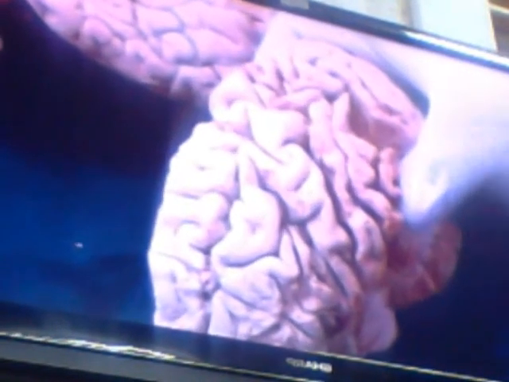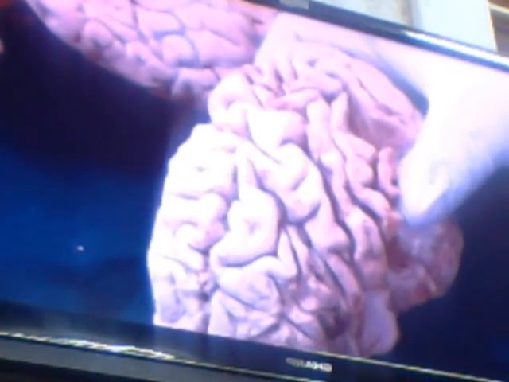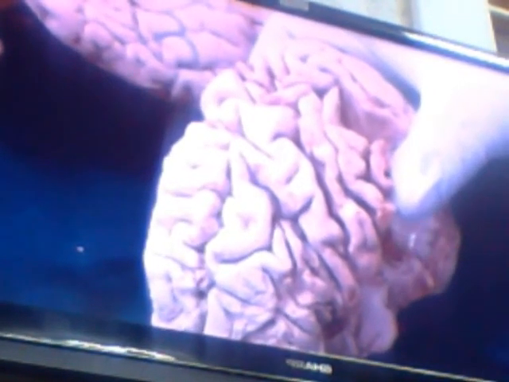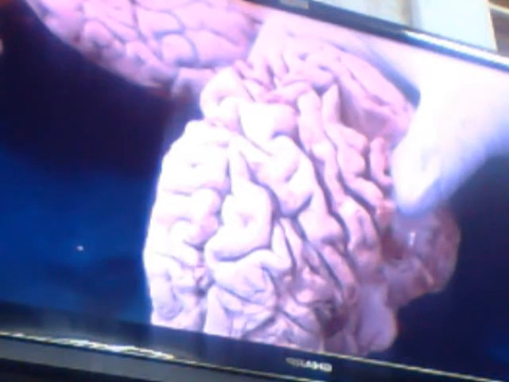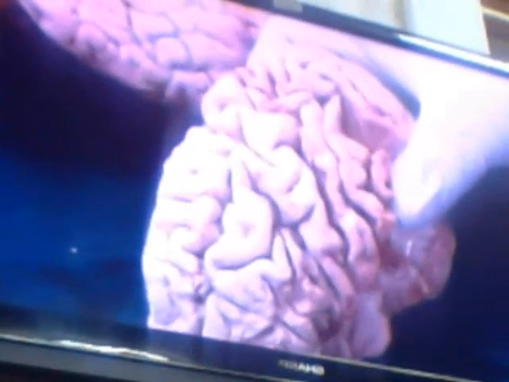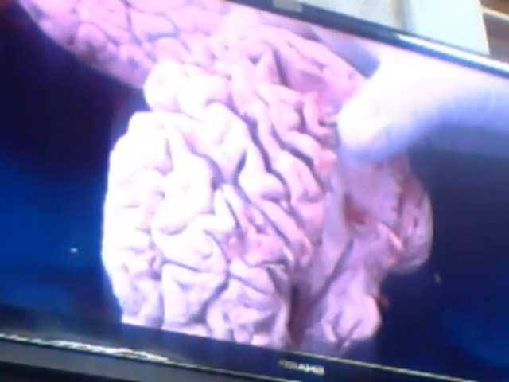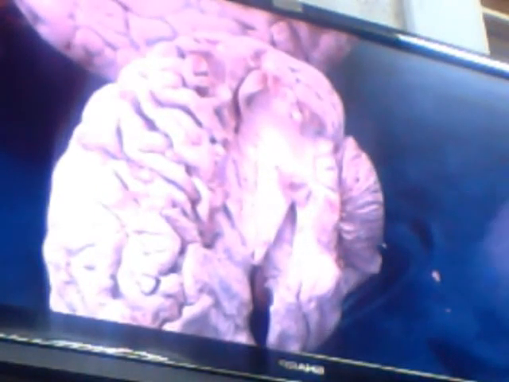A lot of folding, motor is folding and the sensory is folding, and that helps in creating more space on the inside. So it's not only a deepening of the layer, but also a folding occurring to give you that kind of wavy pattern, as if there is some serration going on.